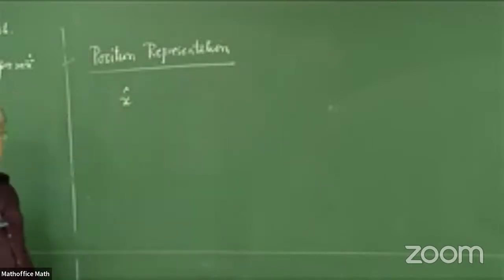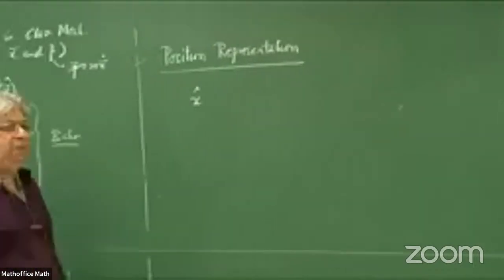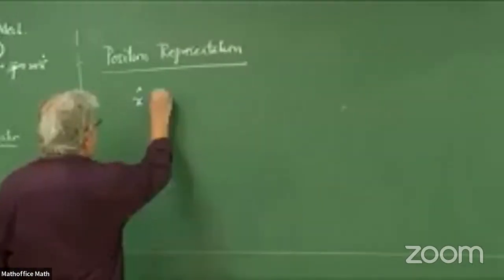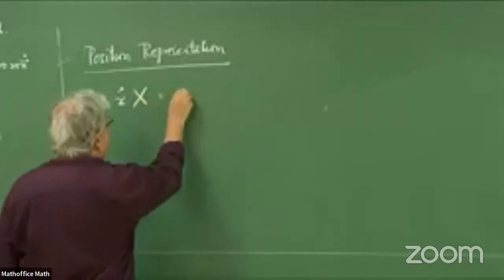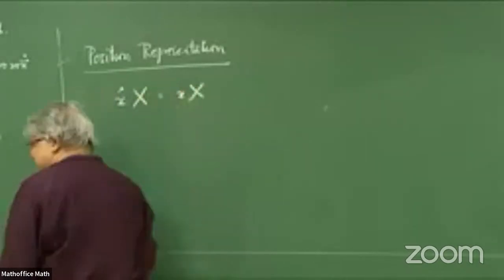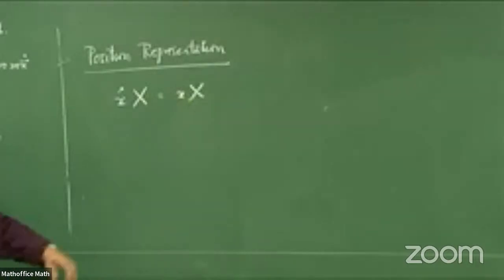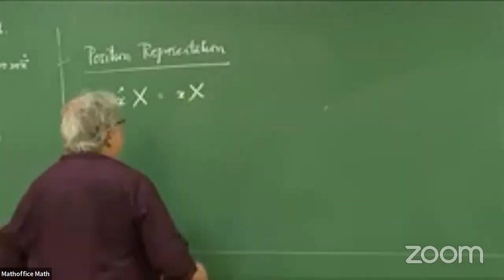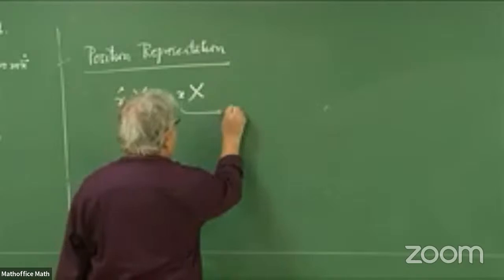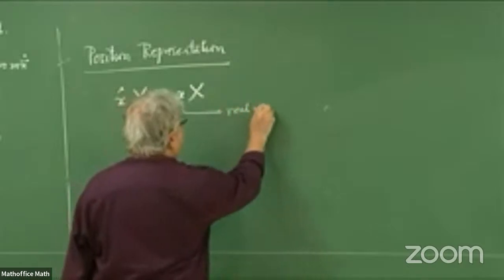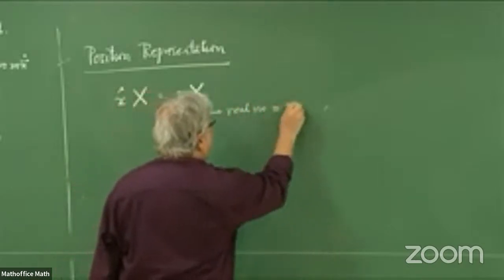X is a dynamical variable, so it's an operator. Summation, linear summation of. And let us suppose the eigenstate I call x. So let me distinguish. This x is a number. This x is a number, a real number. Its actual position.